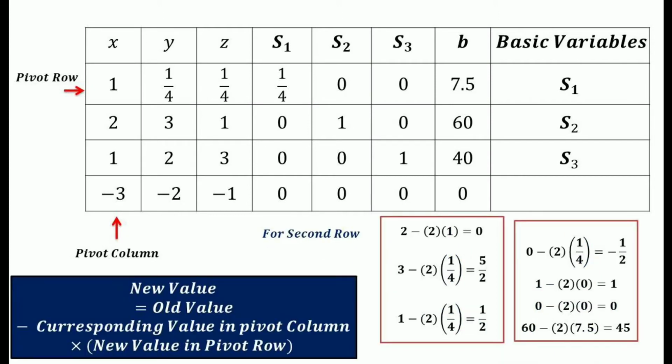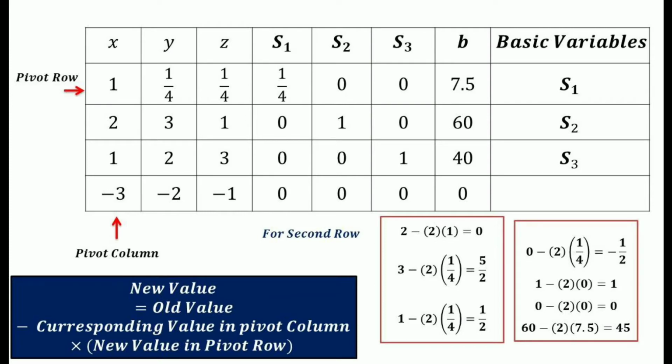Now for calculating the new values in the second row, we have to use the equation: old value minus the corresponding value in the pivot column into the new value in the pivot row. So from the second row, the first old element is 2 minus the corresponding value in the pivot column, again 2, into the new value in the pivot row, that is 1. So it is 2 minus 2 into 1, which is equal to 0.